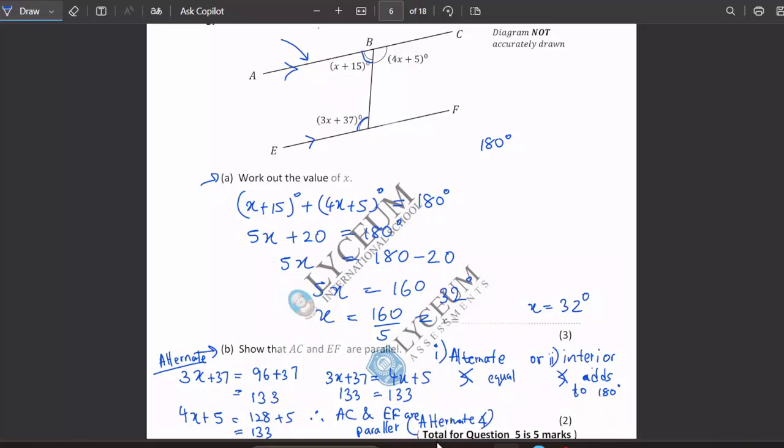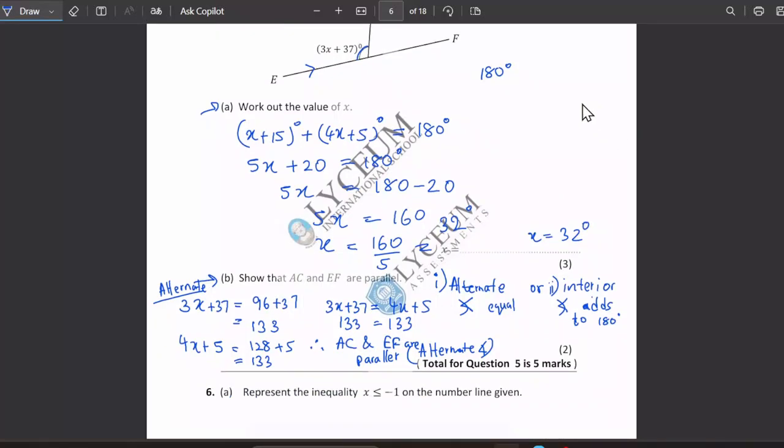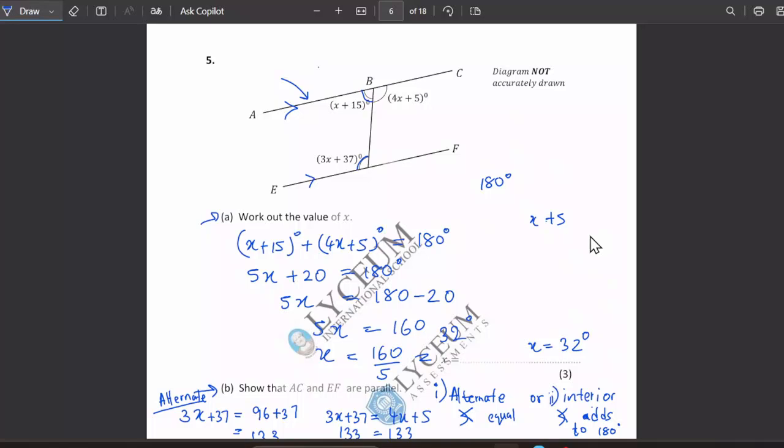And also, if we find x plus 15, I'll do it here. Let's find the value of x plus 15.